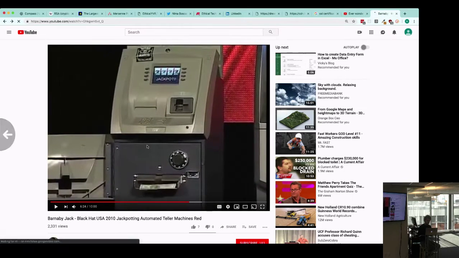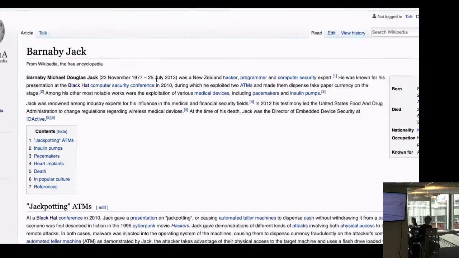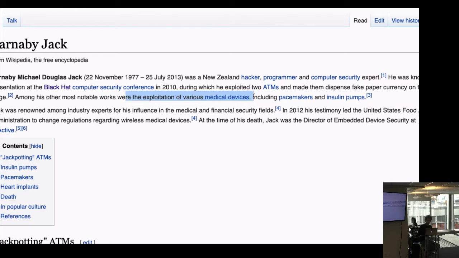Another thing that Barnaby Jack did was showing off how people could exploit medical devices remotely. So I could be here, and somebody with a pacemaker or an insulin pump could be over there. And Barnaby Jack had shown that stuff can be hacked remotely, and you can stop a pacemaker, or you can start an insulin pump, remotely.